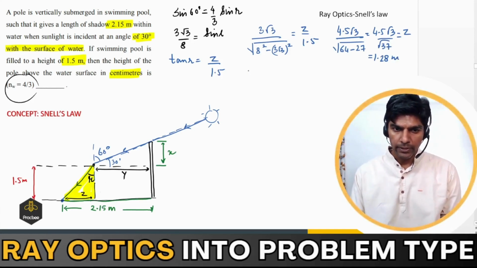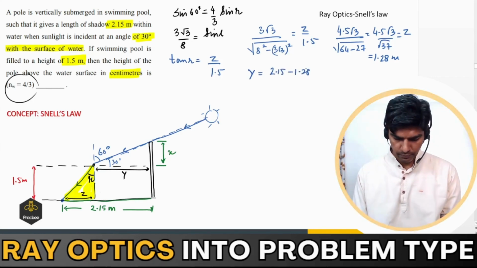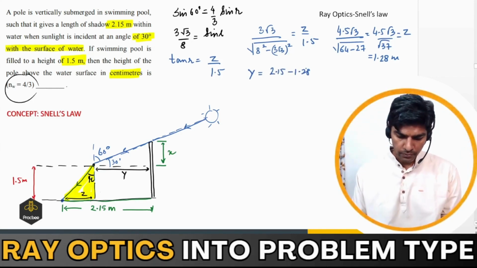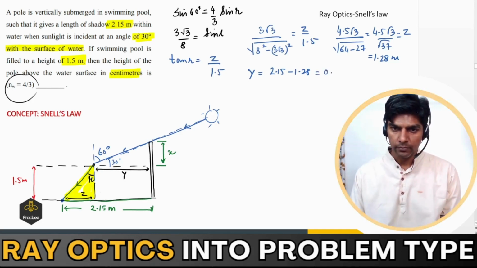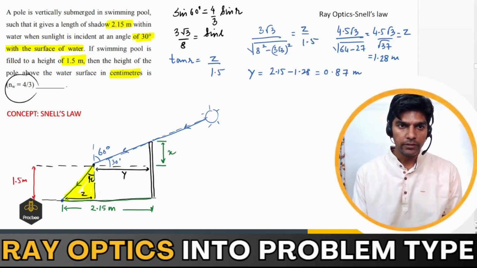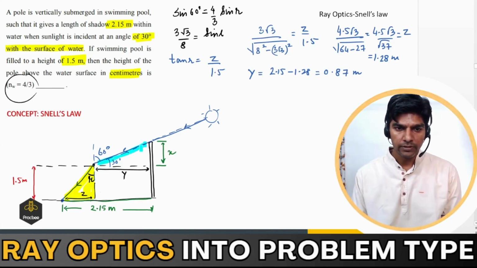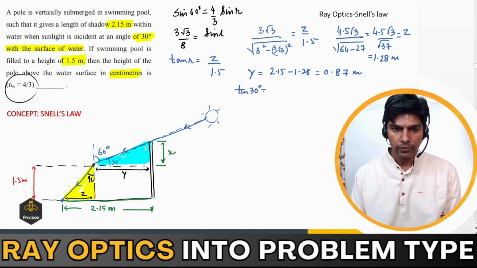So y will be 2.15 minus 1.28, which comes out to be 0.87. Right, so now in this right angle triangle, tan 30 will be equal to x by y, which is 0.87, and tan 30 is 1 by root 3.